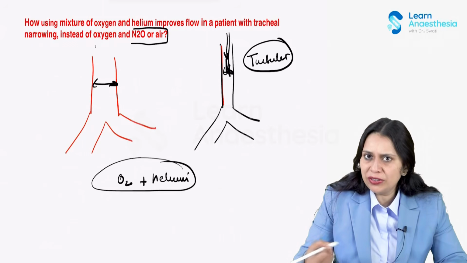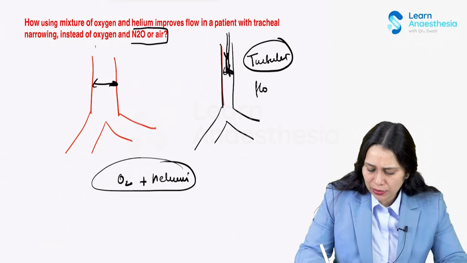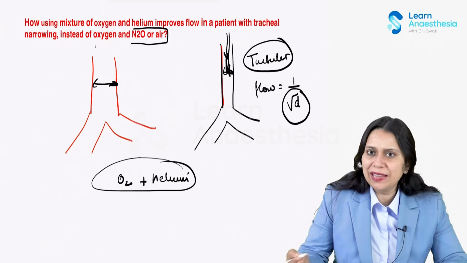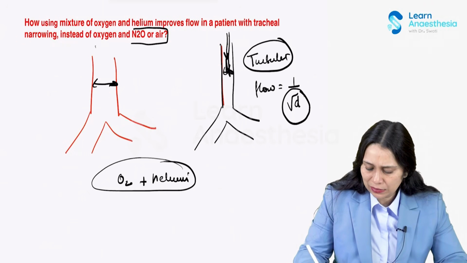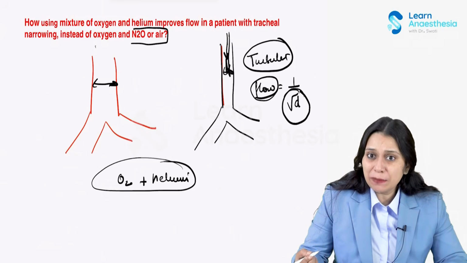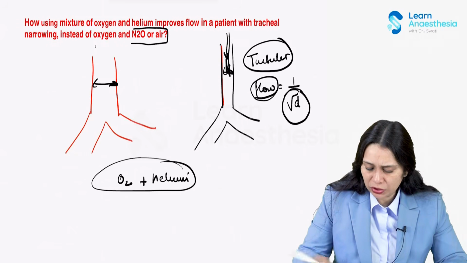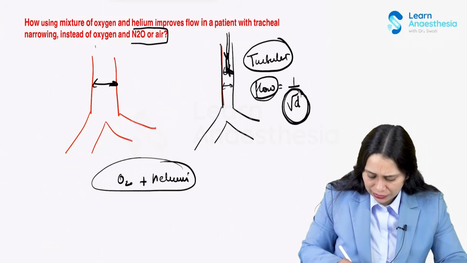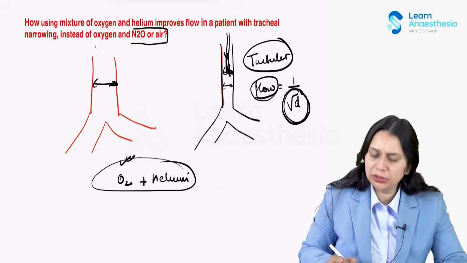And when the flow is turbulent, the flow is inversely proportional to the density. So if I give a gas which is less dense, then the flow will increase. So in an asthmatic patient or in a COPD patient, when the airway has become narrow and the flow is becoming turbulent, if we decrease the density of the gaseous mixture, then it will be better delivered. So that is what an oxygen plus helium mixture does.